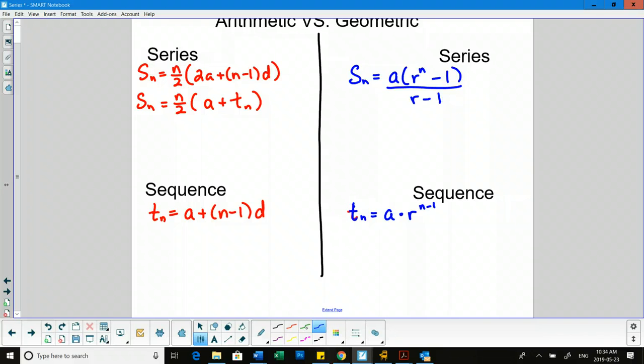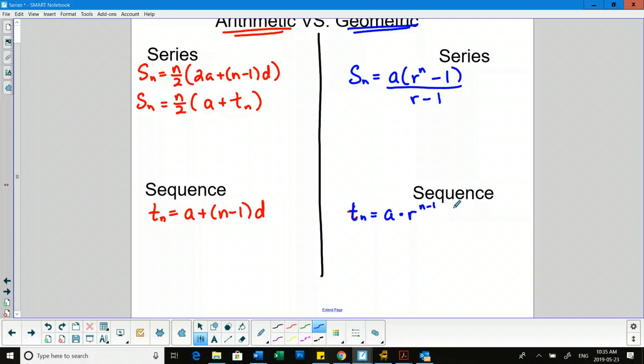I want you guys to see if you can find some similarities between what you see in the geometric formulas and what you see in the arithmetic formulas. How would I know, just looking at these formulas, that one is for arithmetic versus one for geometric? Oh, okay.